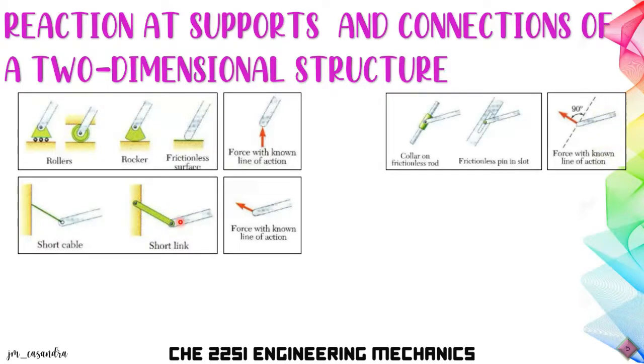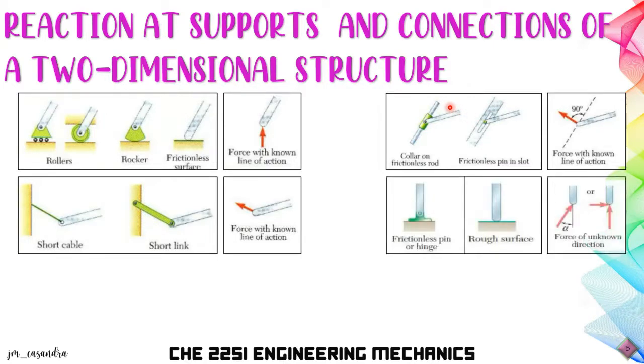Next, we have a collar on a frictionless rod or a frictionless pin in a slot. The force will be directed perpendicular to the orientation of the rod or of the slot, and it will be directed away from the surface. Then we have a frictionless pin or hinge.